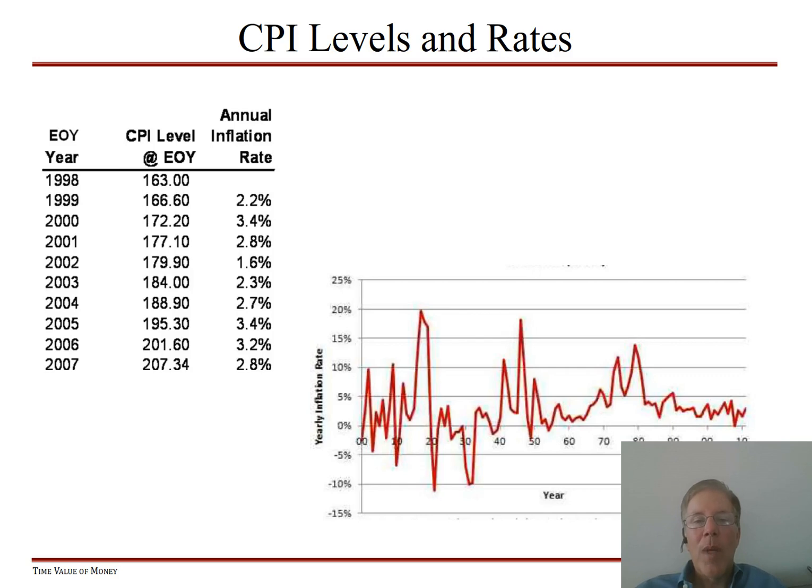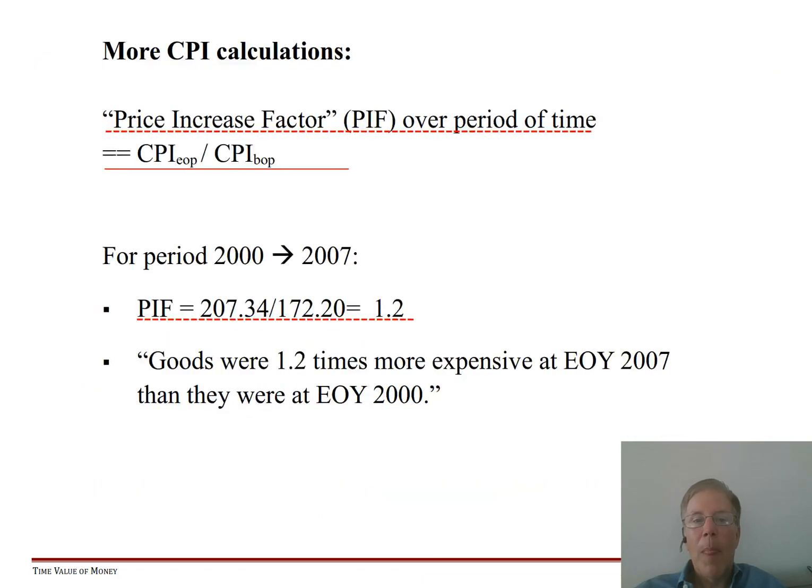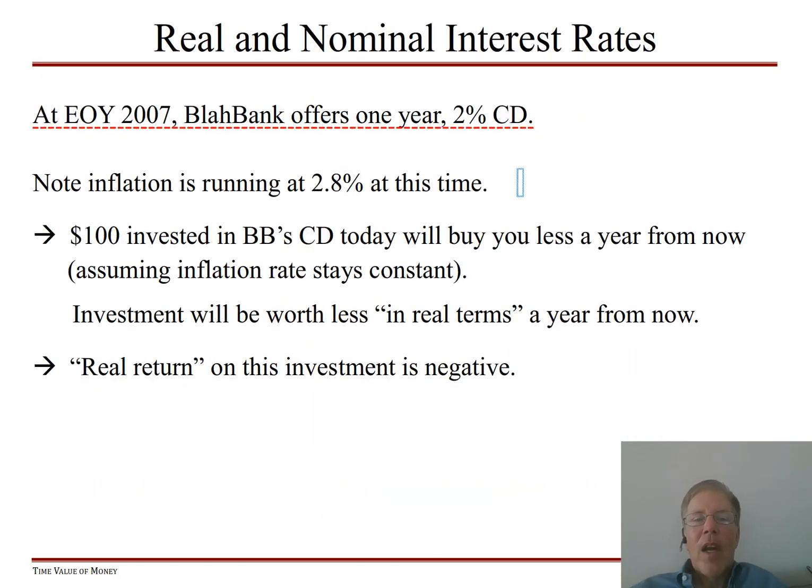So we'd say that inflation is running at 2.8%. Blah Bank says that if you invest 100 in our CD today, because we're giving you 2%, at the end of the day, you're going to be able to buy less a year from now than you could buy now, assuming the inflation rate stays constant.